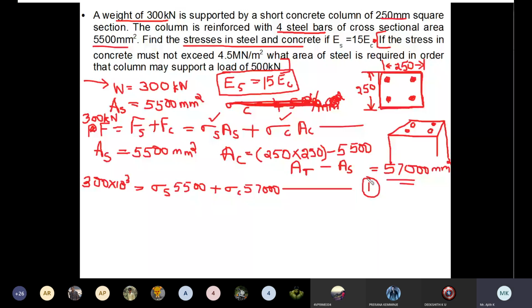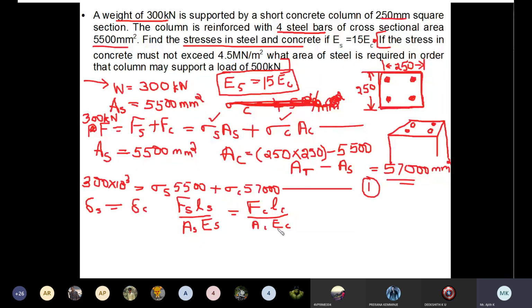Next, second step: delta in steel is equal to delta in concrete. Delta in steel is given by F steel into length of steel divided by area of steel into Young's modulus of steel, equal to F concrete into length of concrete divided by area of concrete into Young's modulus of concrete.